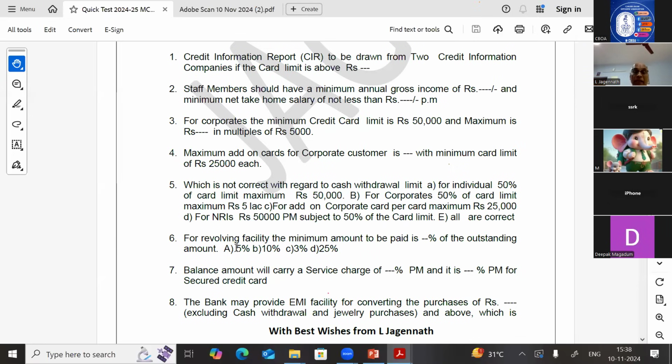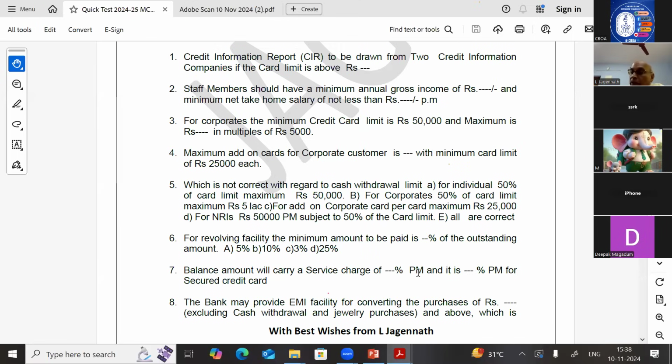Question number 7. Balance of amount. After paying the revolving facility, what is the charge for the balance amount? Balance amount will carry a service charge of 2.50% per month, and it is 2% per month for secured credit card.